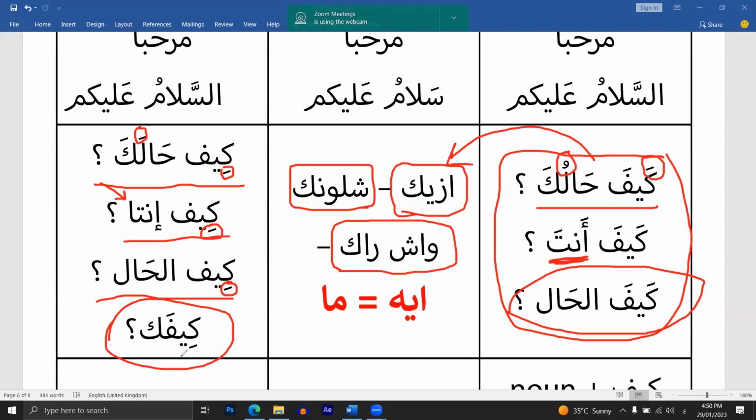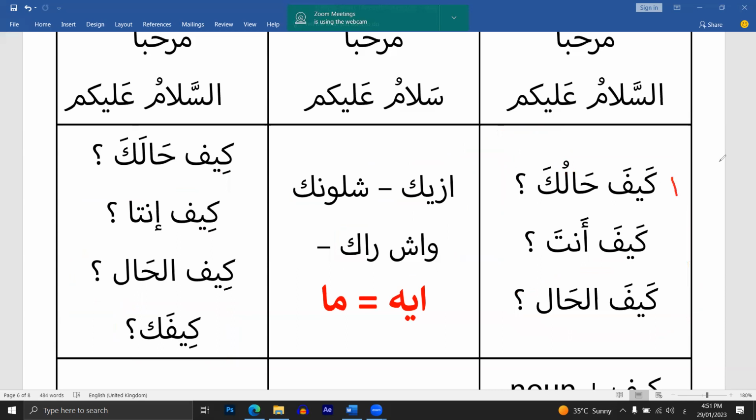If you use this one with any Arab from any Arab country, from Saudi, from Egypt, from Morocco, from Syria, from Palestine, he will understand you directly. So we have 4 common expressions that are understandable by all Arabs in general: كيف حالك, كيف أنت, كيف الحال, or كيفك.